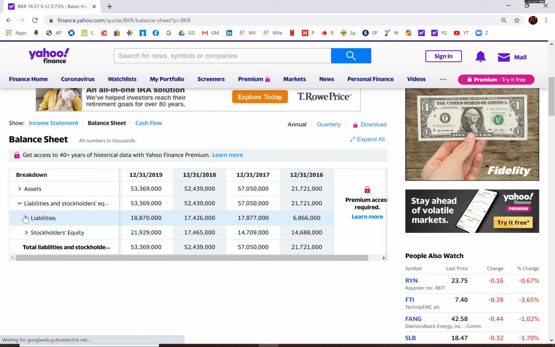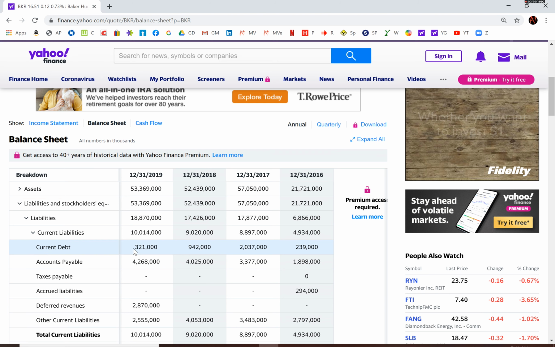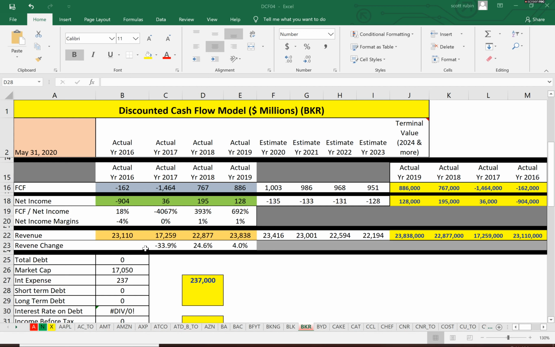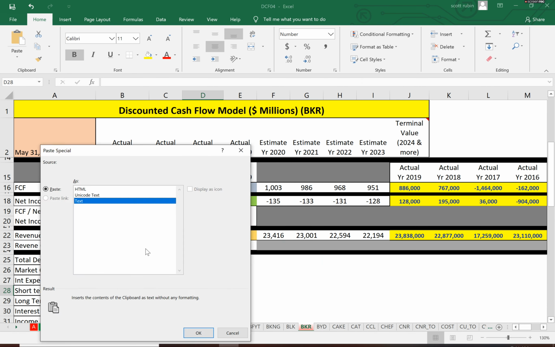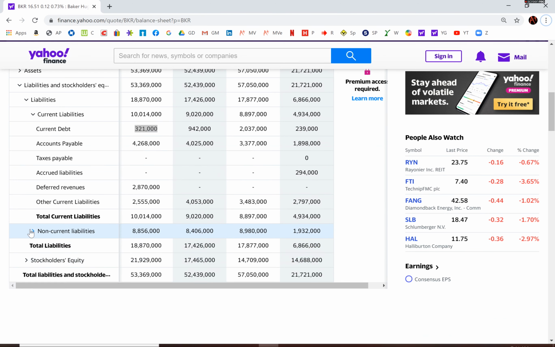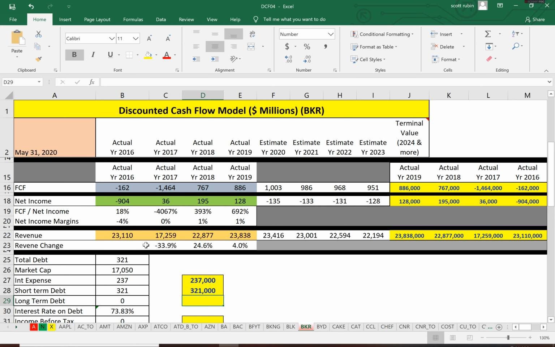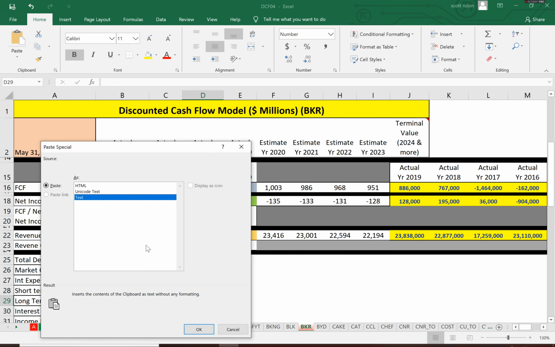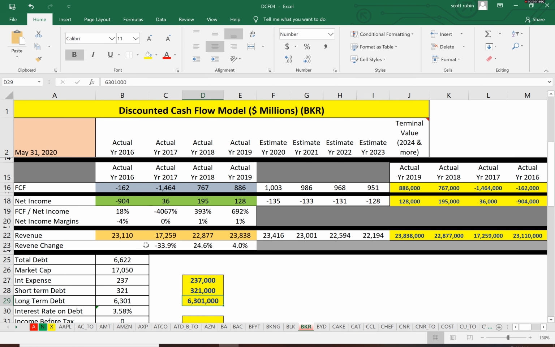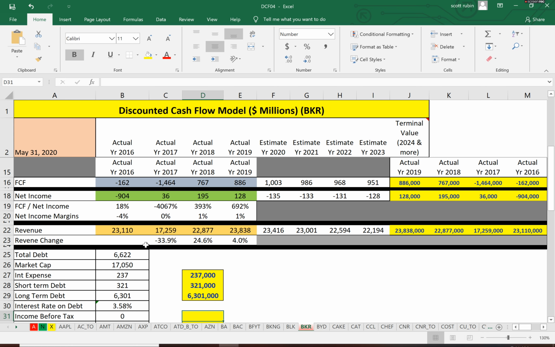We'll go to liabilities. And current debt, 321 million. And long-term debt is 6 billion. And the difference is current debt is due within 12 months. Long-term debt is due after 12 months.